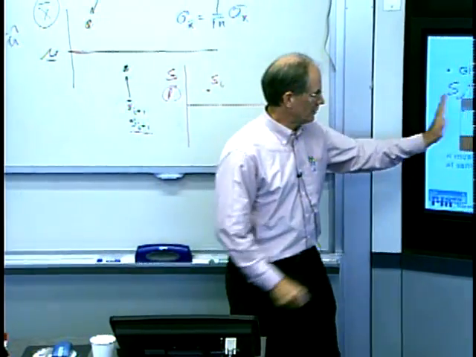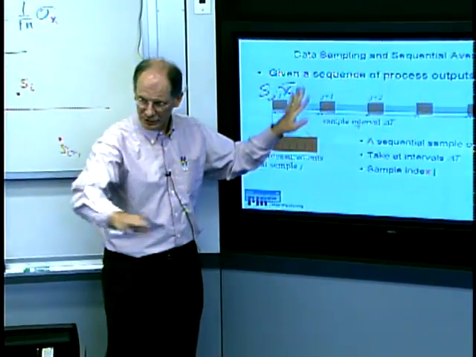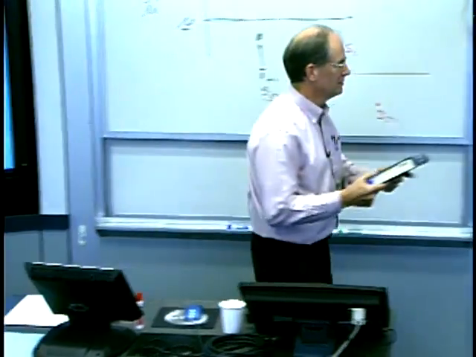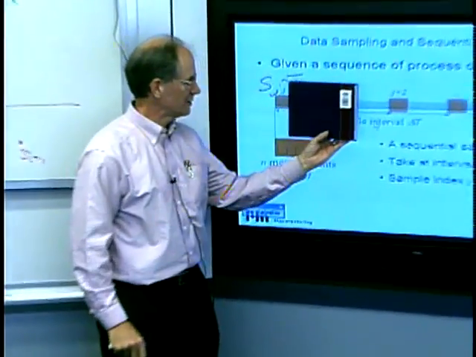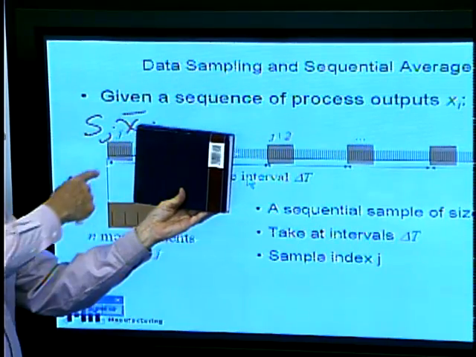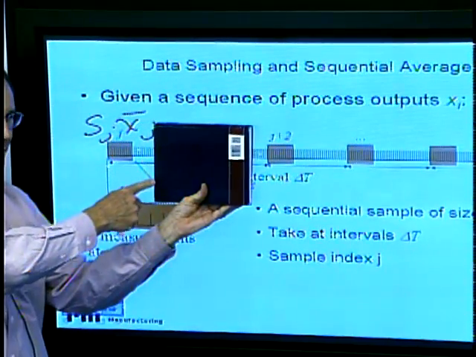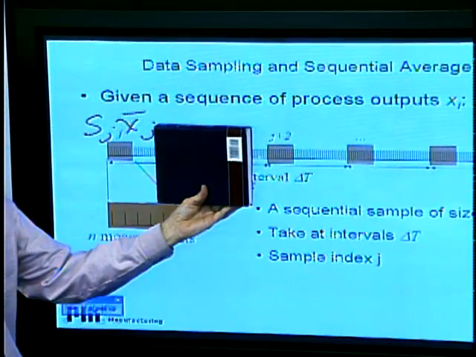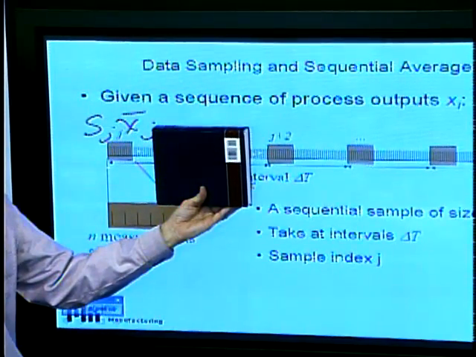And again, I can't do it on the screen here, but imagine that I cover this up, and all you can see is what's happening right here. You don't know what's going to happen in the future, and you're trying to estimate what's going to happen.